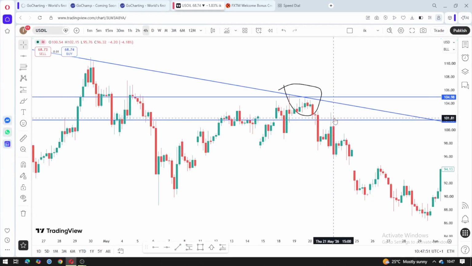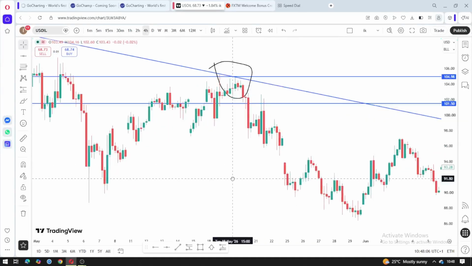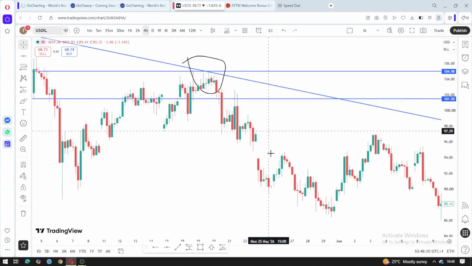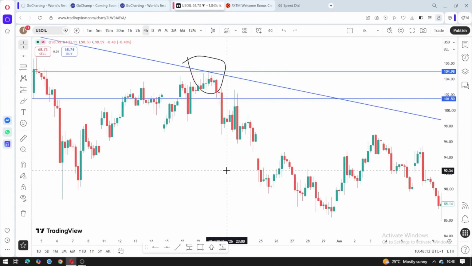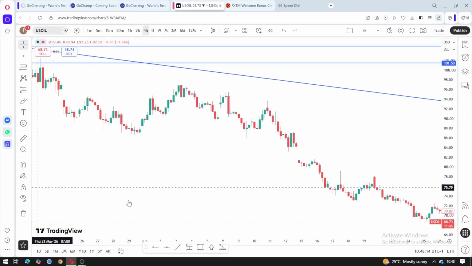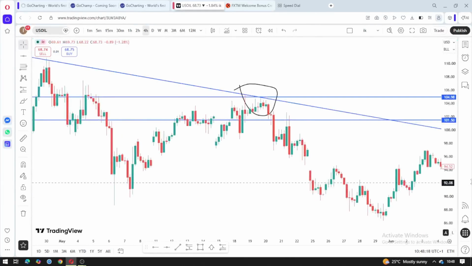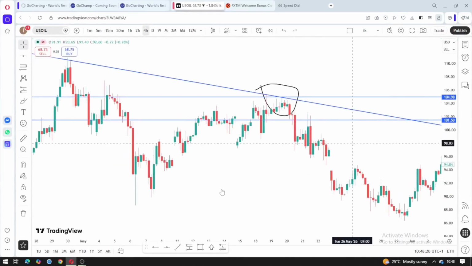Tweezer top for these two candles, bearish engulfing, with good rejection of higher prices. And what happened? If you took the trade here and put your stop loss above here, the market kept going down. It never came back again. So did you see that?